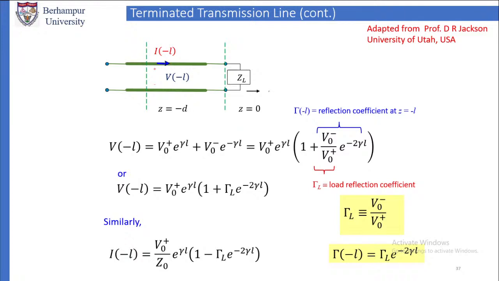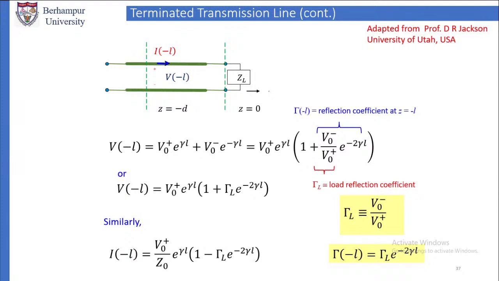That is, exactly at the load, the positive and negative traveling voltages are V0 plus and V0 minus. Since they occur exactly at the load, V0 minus by V0 plus is called the load reflection coefficient.